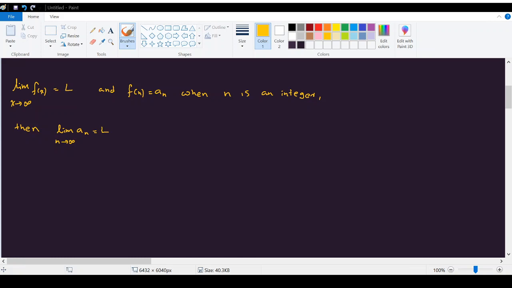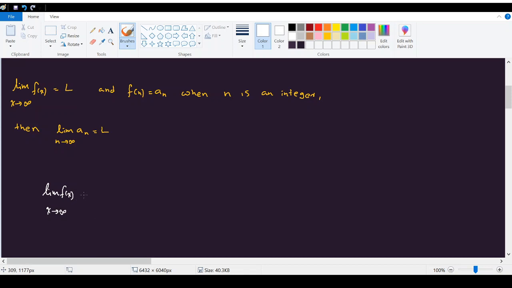The first theorem is more or less a summary of the things that we did before. Here it says if we have a limit of a function, limit of f(x), that means it's not specifically a sequence but a general function.